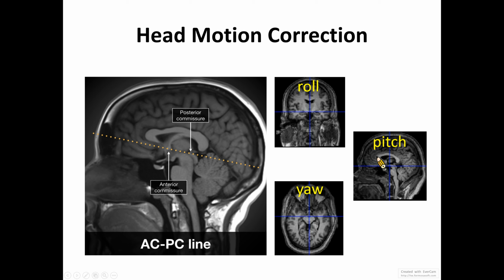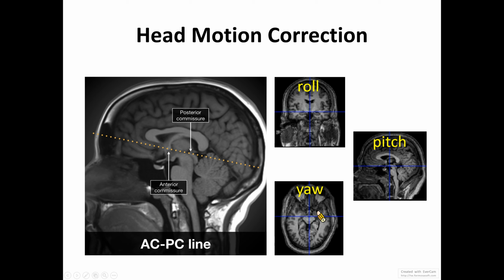The pitch is only one way to adjust one dimension of the head position. There are also roll and yaw we need to carefully calibrate. For example, for the roll, we need to keep the brain centered, and for the yaw, we need to keep the brain symmetric.